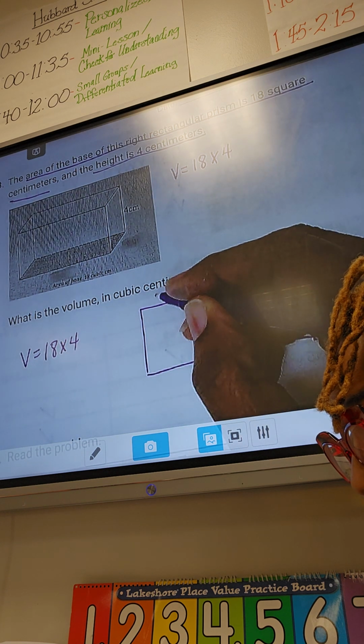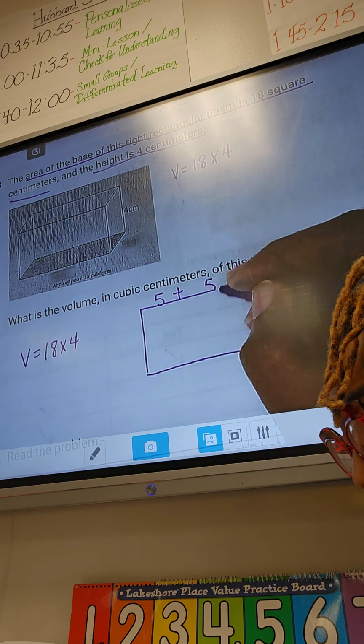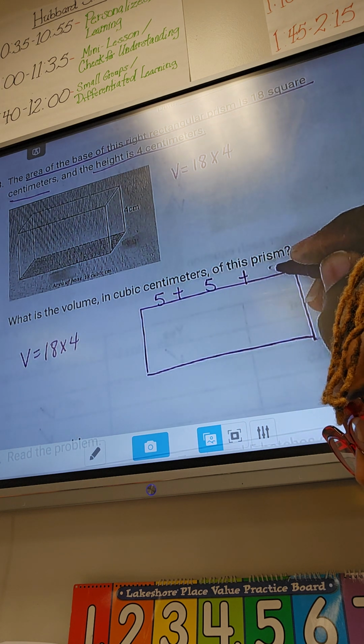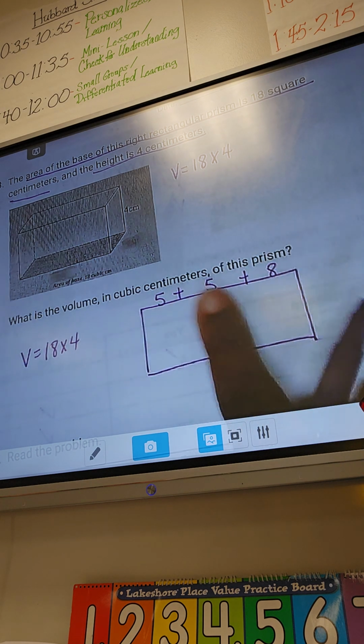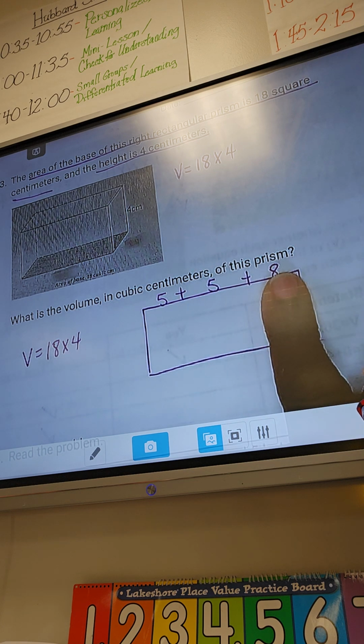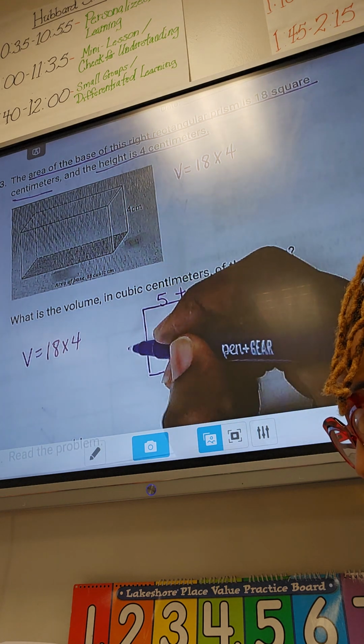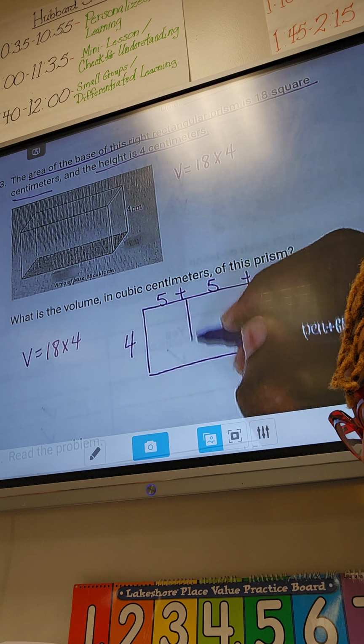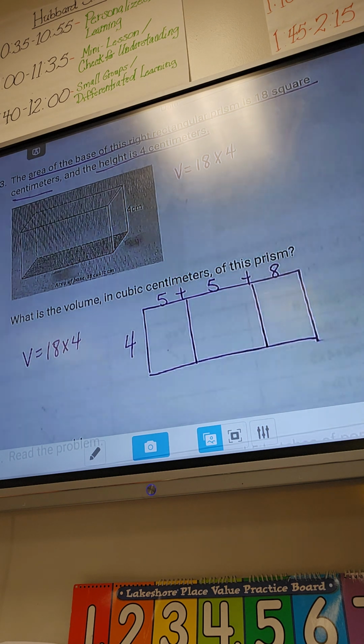We could do 5 plus 5 plus 8, because 5 plus 5 is 10, 10 plus 8 is 18, times 4. Your lines go where your plus signs are.